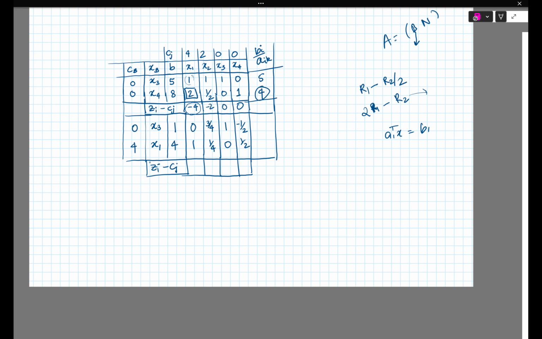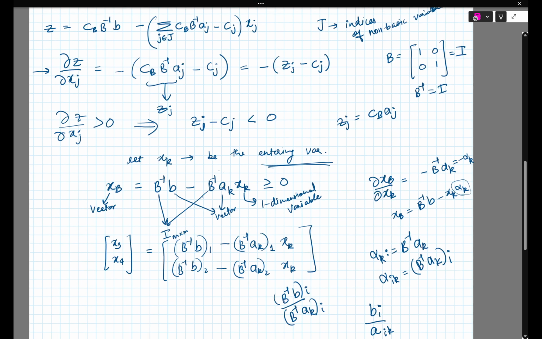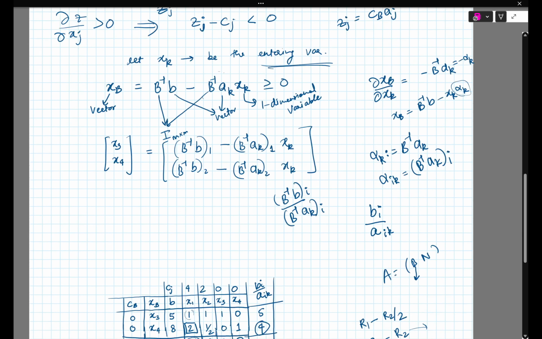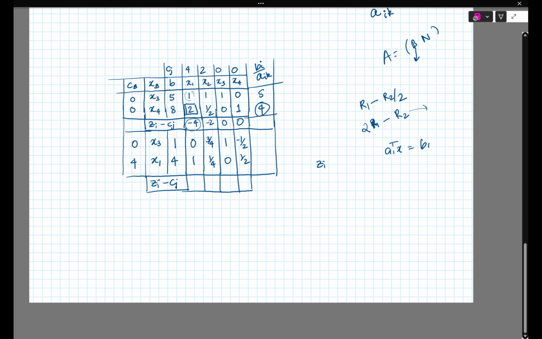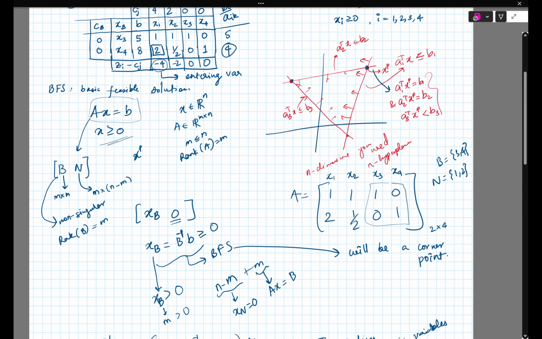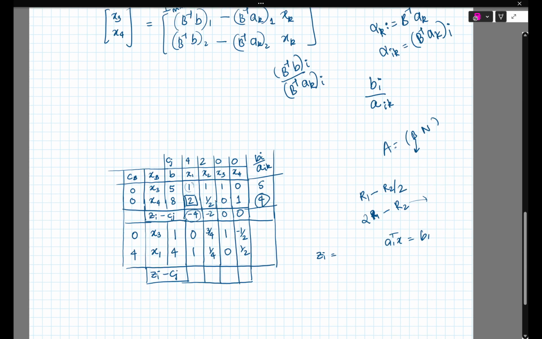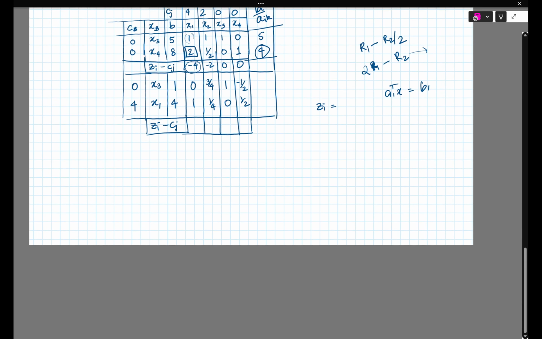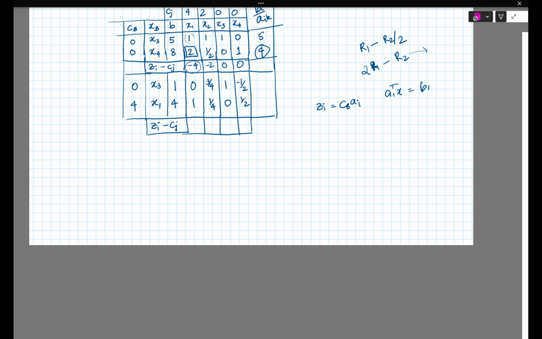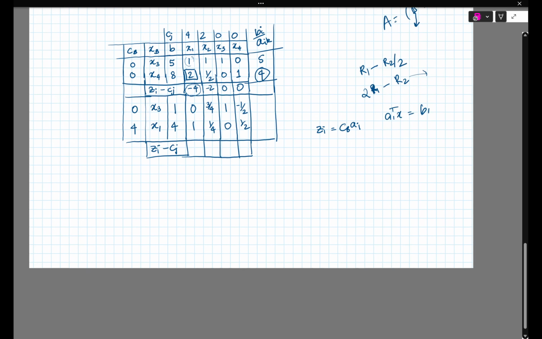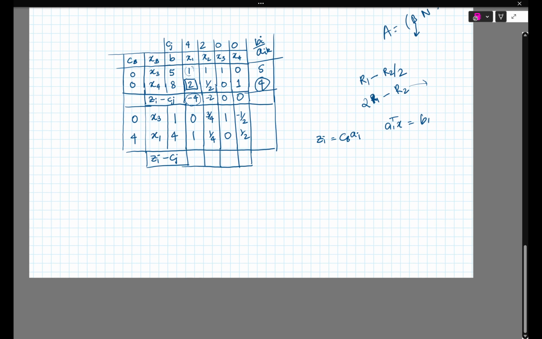so we repeat this: z i minus c j equals, okay, I forgot, z i is c B times a i.